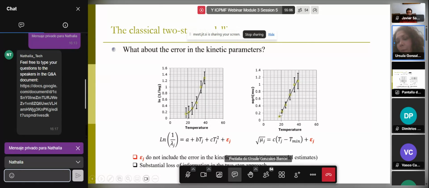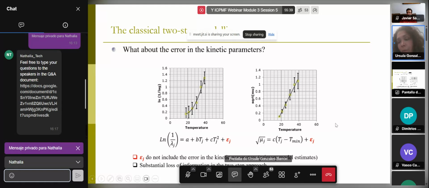If I do a two-step modeling approach, I am forgetting this error. I'm not including it in my equation. So I am assuming that this estimate has no uncertainty, like there is no uncertainty or error for the lag phase and the growth rate. Because this error you see in red does not include this one in the bars. This is a different source.